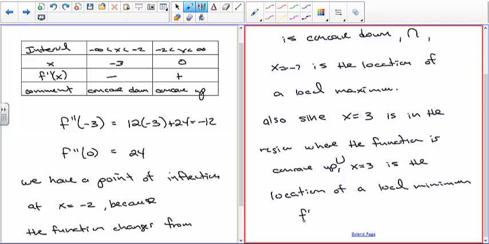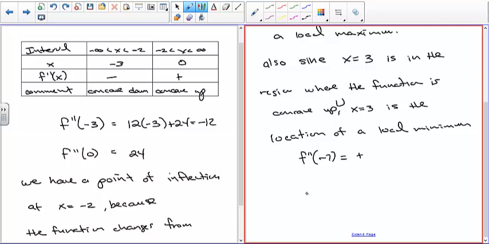Or another way you could do is you could evaluate f double prime of -7, and what you'd find out is it's negative, and you could evaluate f double prime of 3, and you'd find that it was positive. So let's just plug it in there. What is it? It's 12x plus 24. So if you plug in -7, you'll get -84 plus 24. So that's negative, which means it's concave down, which means it's a maximum.